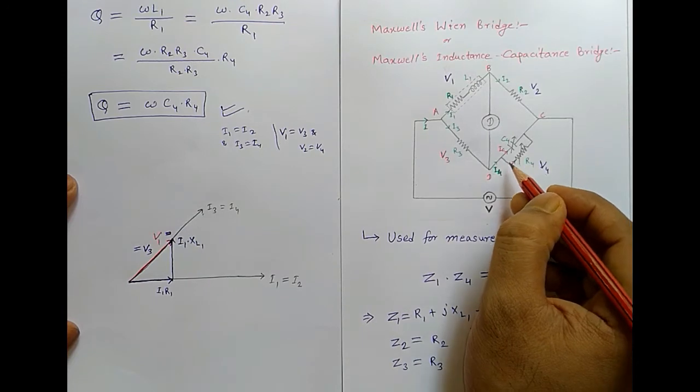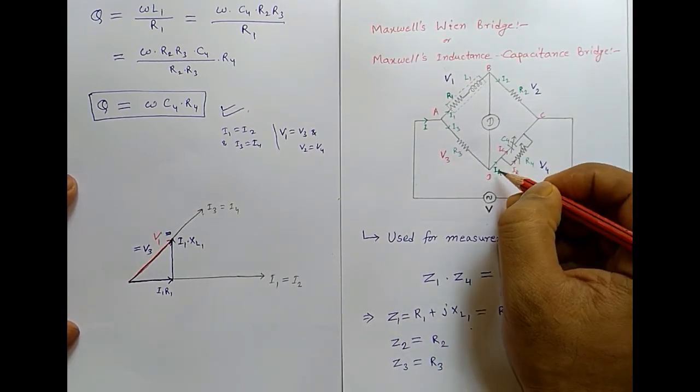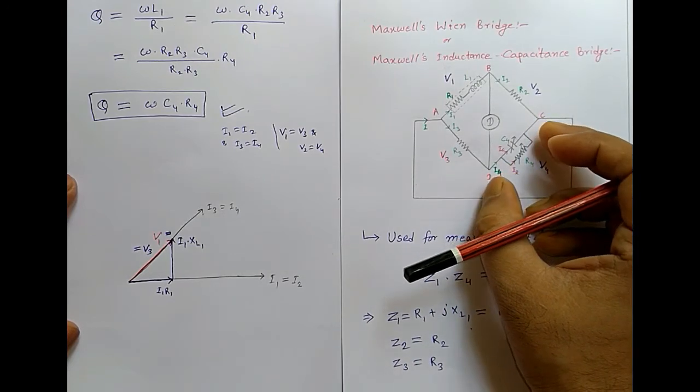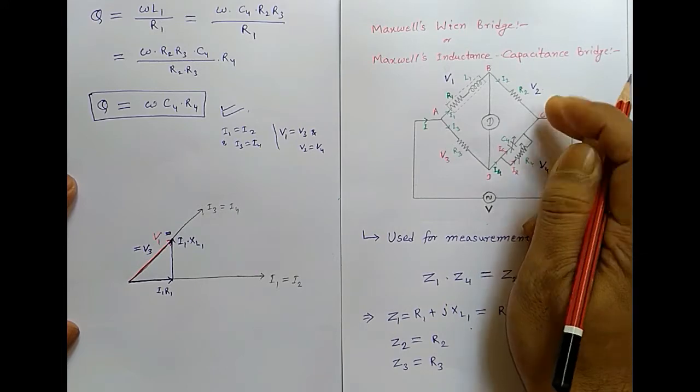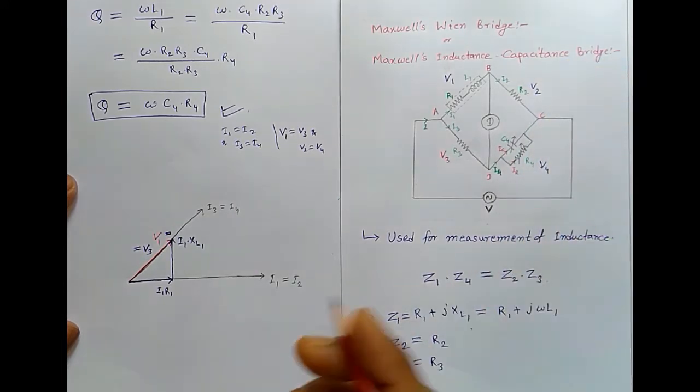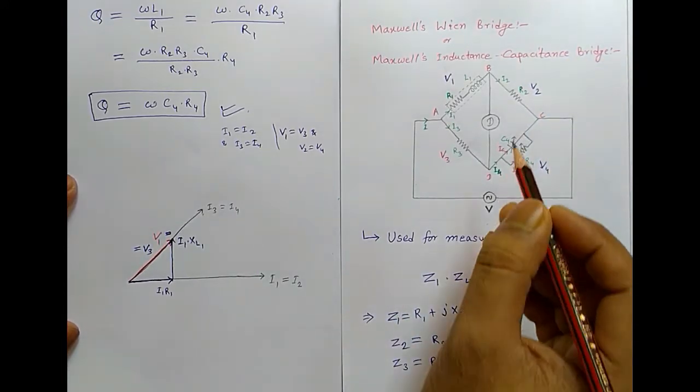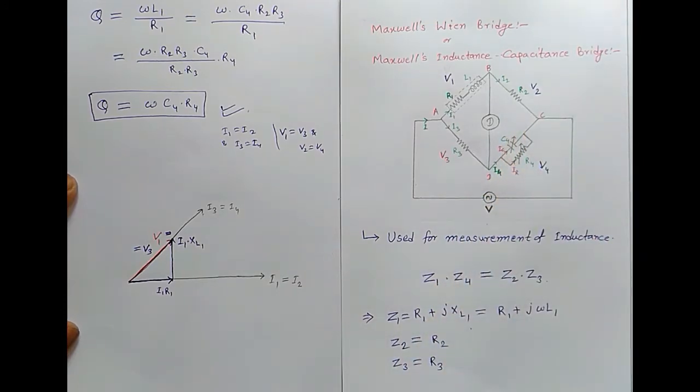To find the direction of IR and IC, first of all we know that the voltage drop across this CD arm will be V4, which equals V2. And where is V2? I2 into R2 gives us V2.